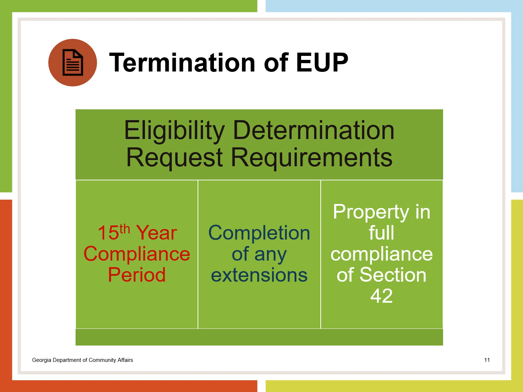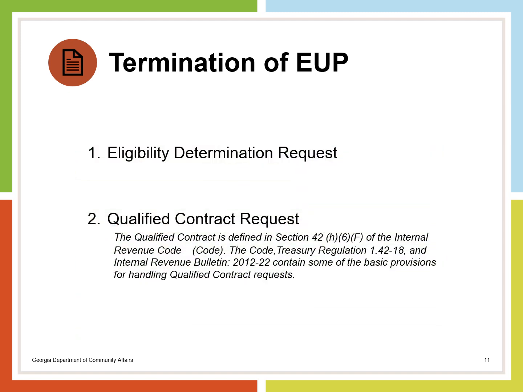Then, the completion of any extension of the right to opt out made in any recorded land use restriction covenant for the property, and the entire property must be in full compliance with Section 42 requirements prior to submission of a request. Please note that this training does not cover policies related to the decontrol period, so please refer to our agency's website for DCA's decontrol period policy.